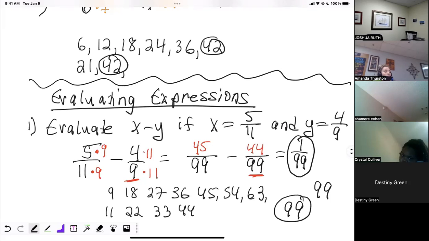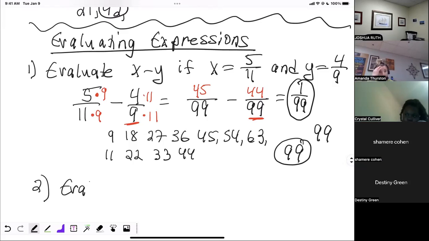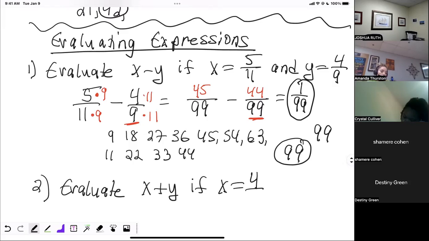And let's do one more evaluate problem. Okay, evaluate x plus y if x is 4/5 and y is -1/3.